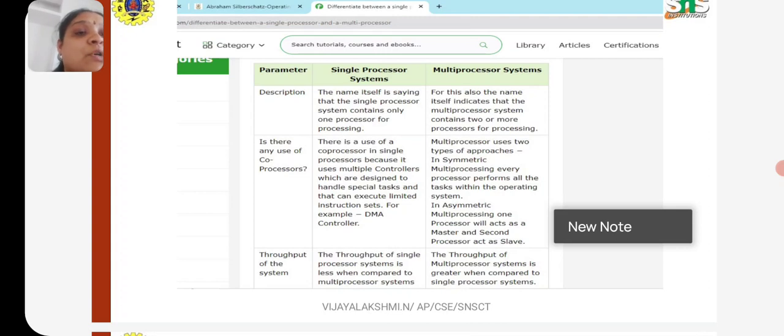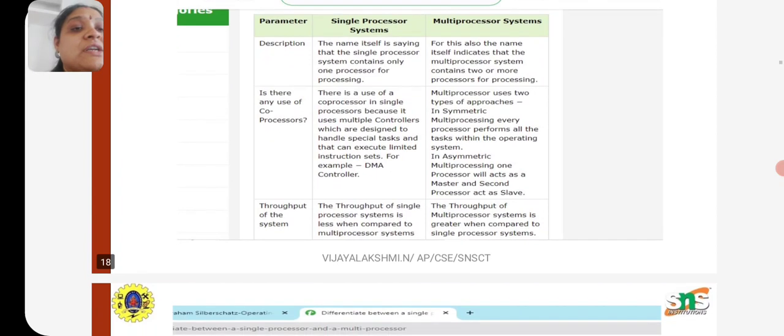Whereas multiprocessor uses two types of approaches. One approach is called symmetric and one is called asymmetric. In symmetric multiprocessing, every processor performs all the tasks within the operating system, whereas asymmetric acts as master and slave, like client and server. What about the throughput of the single processor?